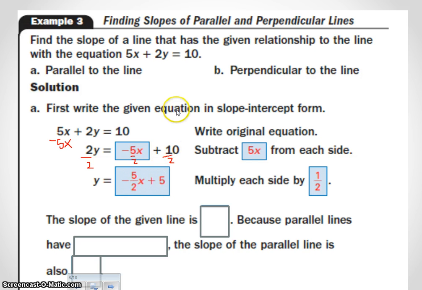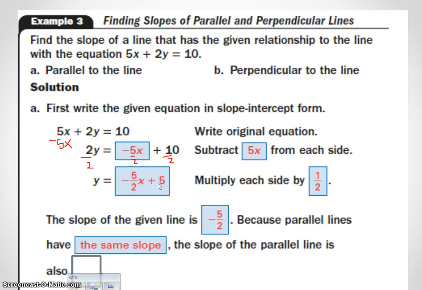If I'm telling you that a line is parallel to y equals negative 5/2 x plus 5, given that the slope of this line that I showed you is negative 5/2, what would the parallel line of this have for its slope? It would have the same slope.